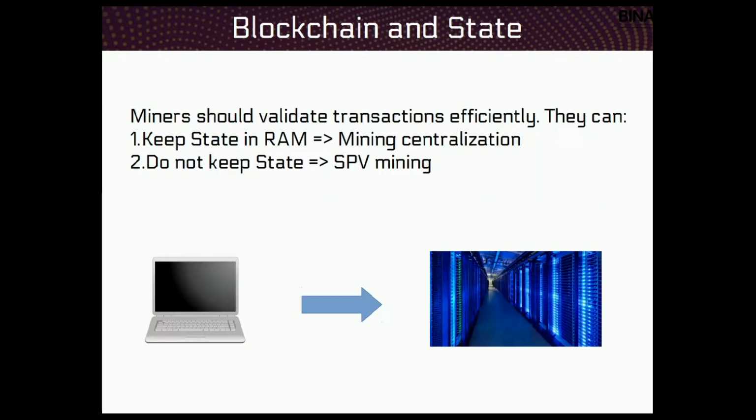And why is it a problem? Well, the problem of state is that it should be very fast. We should validate transactions according to the state. When we validate a transaction, we should check that the sender actually has these coins. And when this state is big, it's a problem for miners. Why?